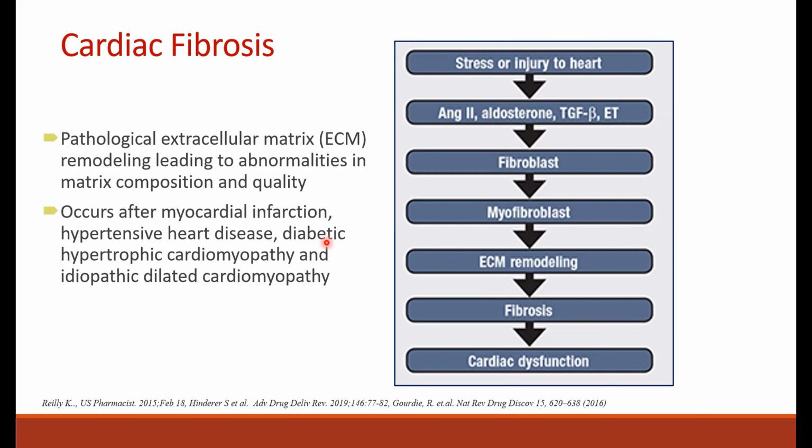Surplus collagen from activated fibroblasts, which are known as myofibroblasts, increases the stiffness of the wall and impedes normal systolic and diastolic mechanical function. And in today's world, HFpEF is the mantra, and HFpEF is fundamentally impacted by fibrosis.